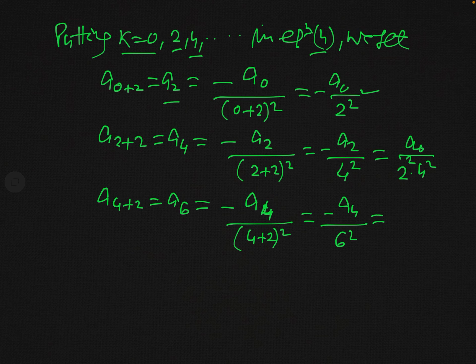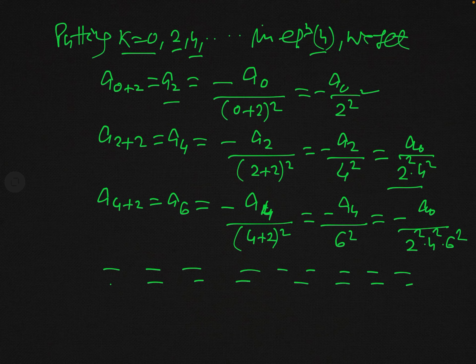But we have already obtained the value of a4, so this will now be minus a0 over 2 square into 4 square into 6 square. So in this way we can find all the coefficients containing the even index, that is a8, a10 and so on. But there is no need to find more than this number of indices.